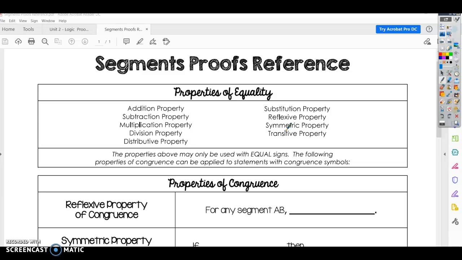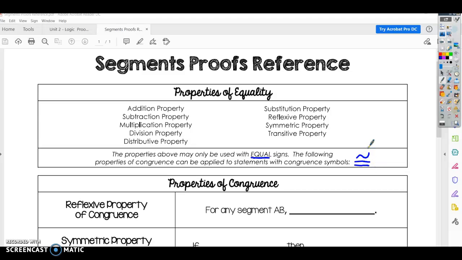All right, and it even says here, the properties above may only be used if you have an equal sign. The following properties of congruence can be applied to statements with the congruent symbol. So the congruent symbol is the equal sign with, well, that's a very bad representation, but it just has a squiggly line over top of it.